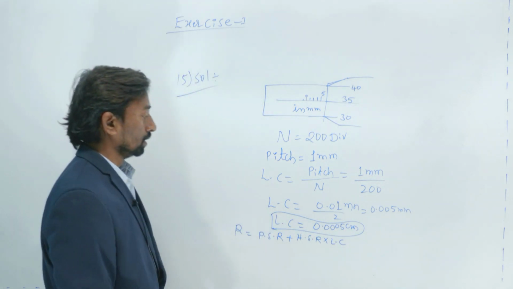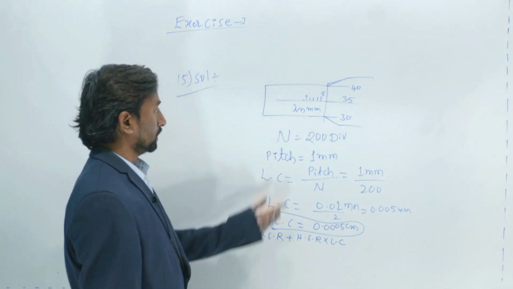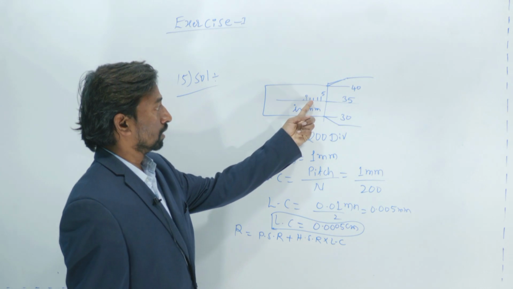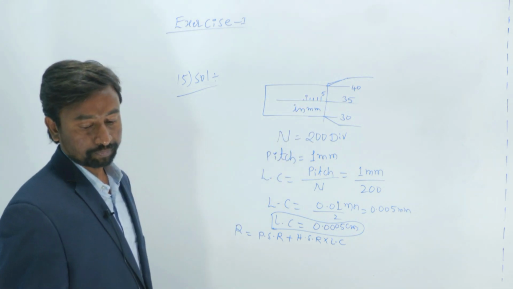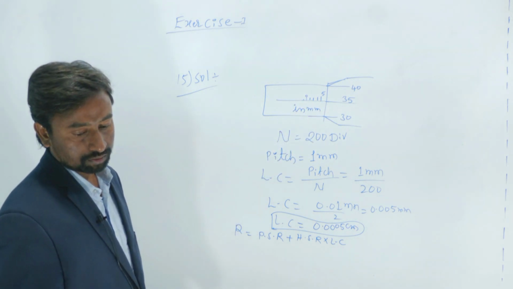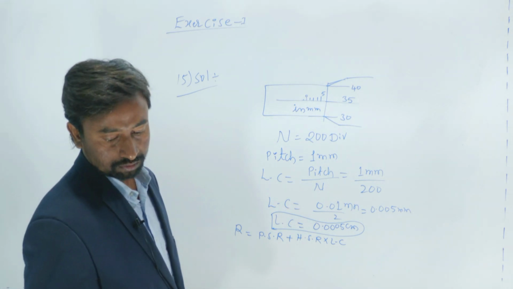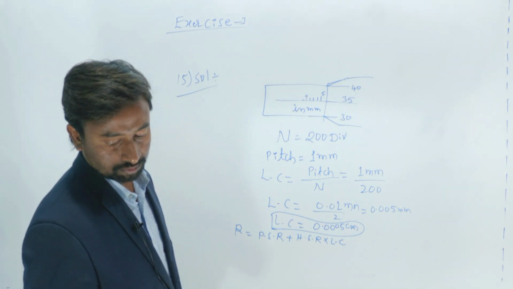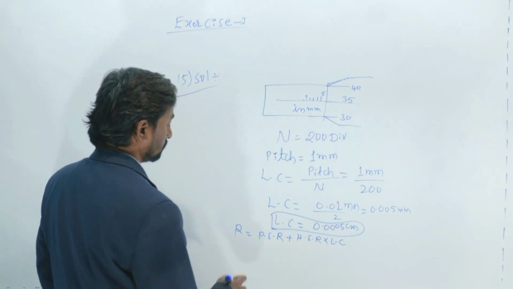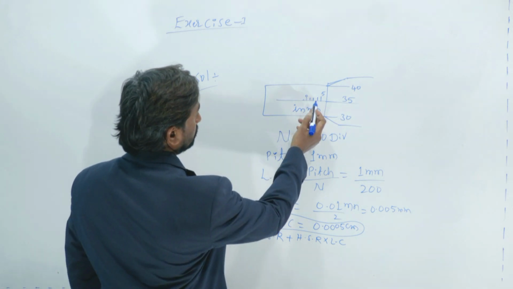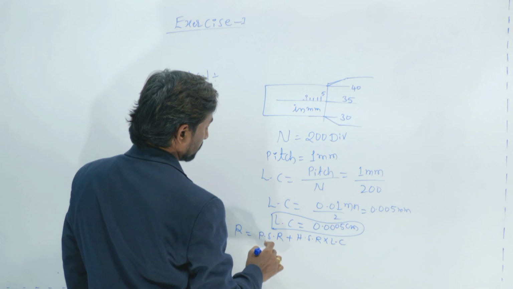Now the PSR is how much? 1, 2, 3, 4, so 4 divisions will come here. So we can write 4 mm.